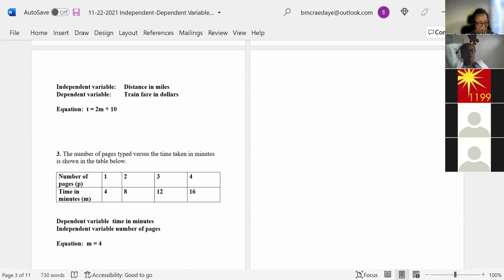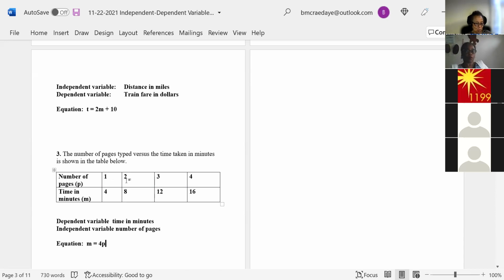Number of pages represented by what variable? It's in the table right here. Yes. 4P. That's it, 4P. That's correct. Because if P is 1, then 4 times 1 is 4.